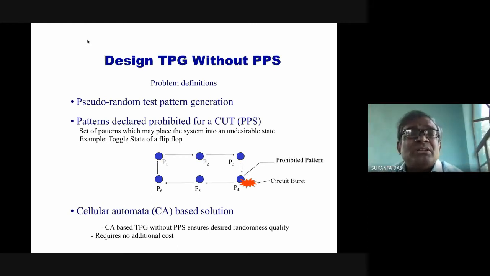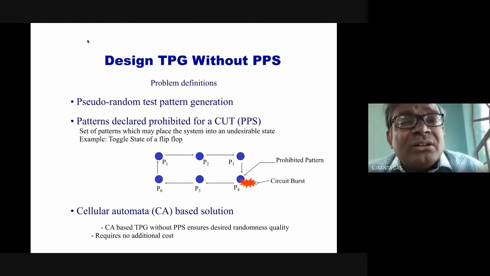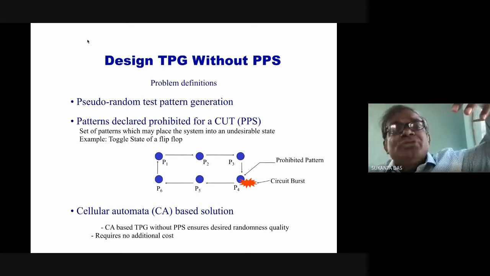What is the pattern actually? Pattern means you are supplying 0 1 0 1. At the physical level, what do you do? 1 means, say, you are supplying 5 volt. 0 means 0 volt. Some voltage you supply. That's the meaning of 0 and 1.